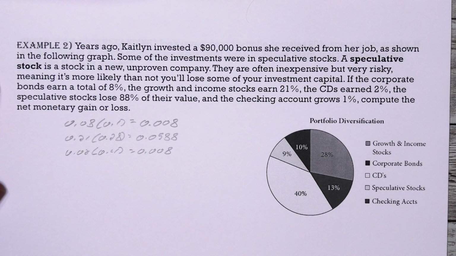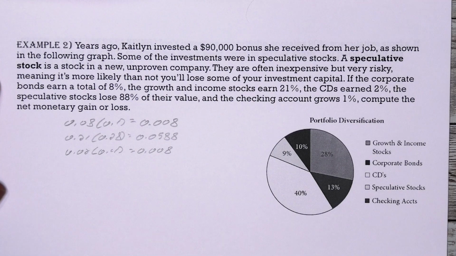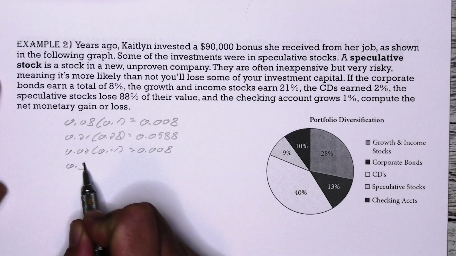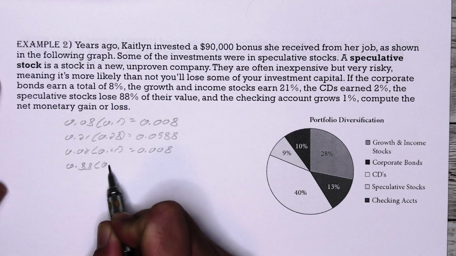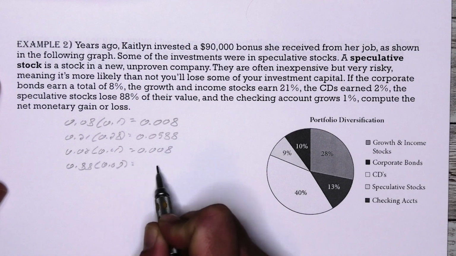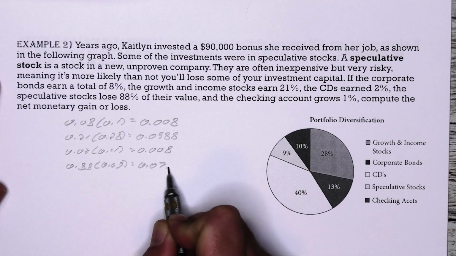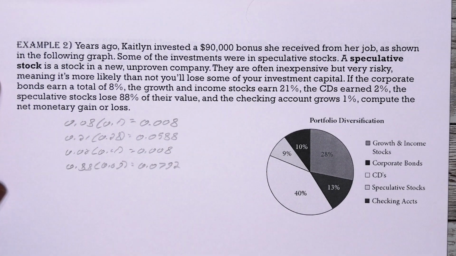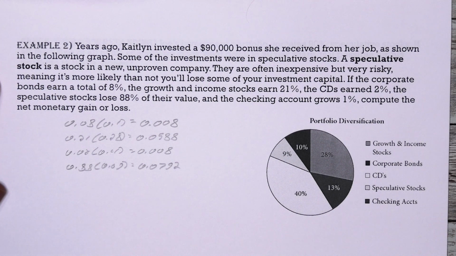We need to find 88% of 9% to get the loss from the speculative stock. So 0.88 times 0.09 gives us 0.0792. The speculative stock accounted for a 7.92% loss.